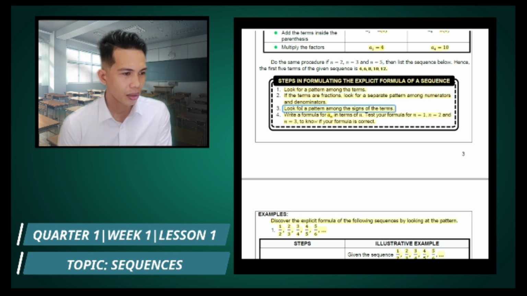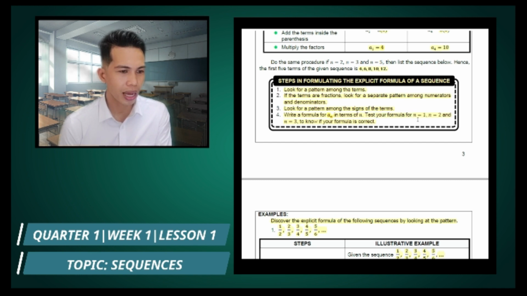Number 3, look for a pattern among the signs of the terms. So aside from among the terms, we look also for pattern among the signs. And then number 4, write a formula for a sub n, or the n term, in terms of n.